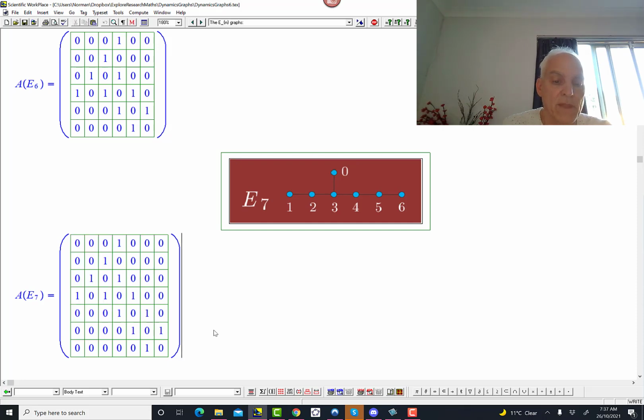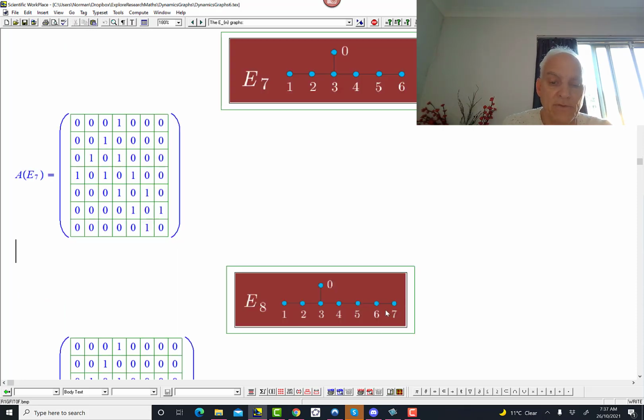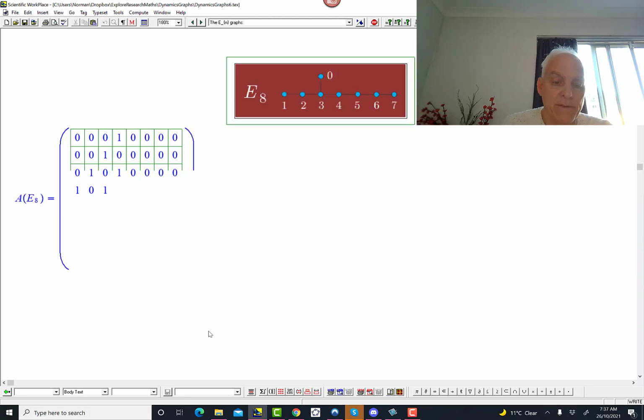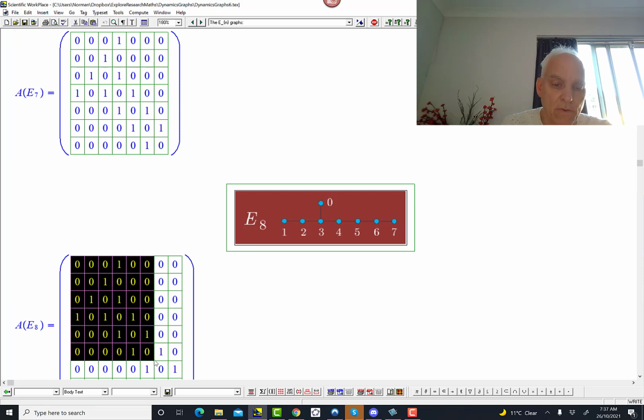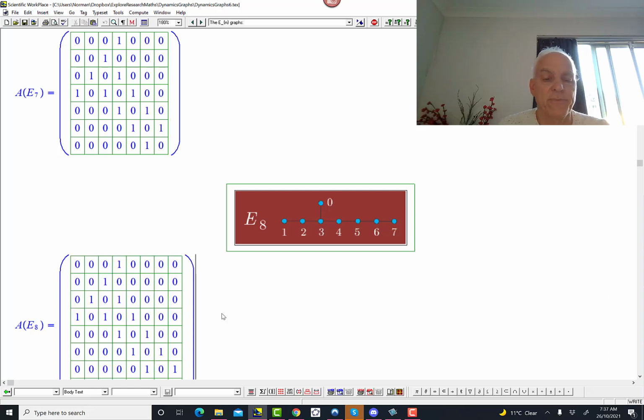And similarly, when we go to E8, there's one more vertex over here. So there's E8. The top corner of that there is the E7 adjacency matrix.